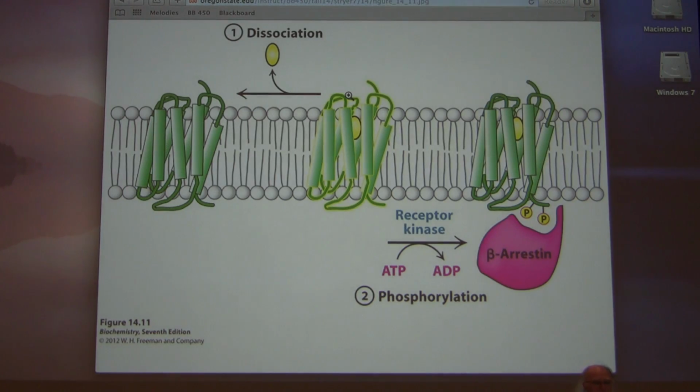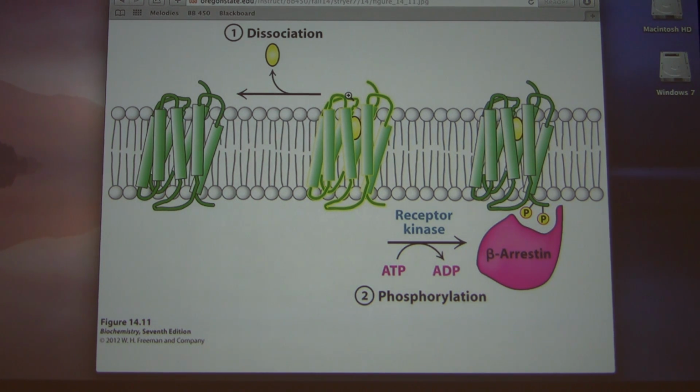Now, signal termination is pretty important, right? Last time I talked about the importance of phosphodiesterase, because phosphodiesterase is present in cells at a low level, and so over time it breaks down cyclic AMP. If cyclic AMP gets built up in large amounts, over time the phosphodiesterase will take over and start breaking that down. Well, that's only going to work if the adenylate cyclase stops making the cyclic AMP.